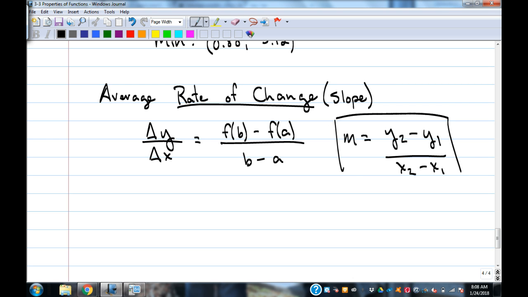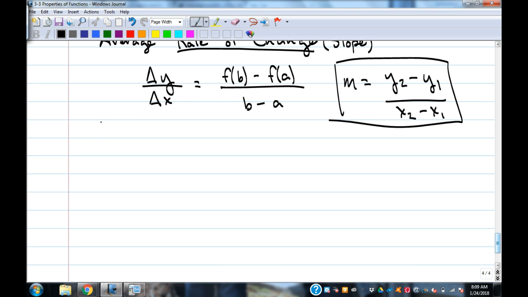This is the one we've used for years now. In junior high, you start doing the slope formula. But f of b just means the y value when x is b. f of a means the y value when x is a, some other x value. And then here we're subtracting the x values. That's what that is.